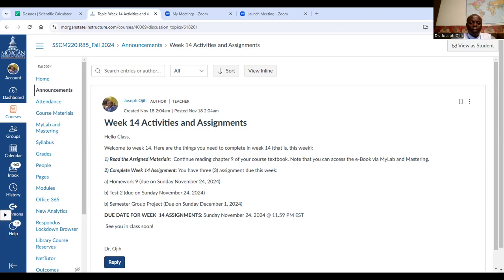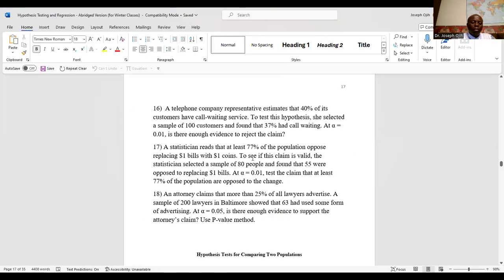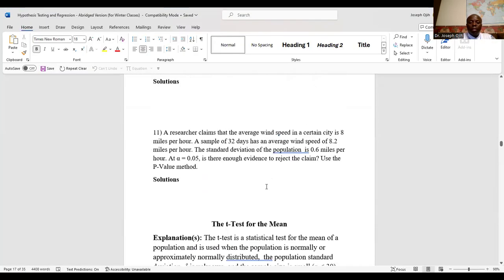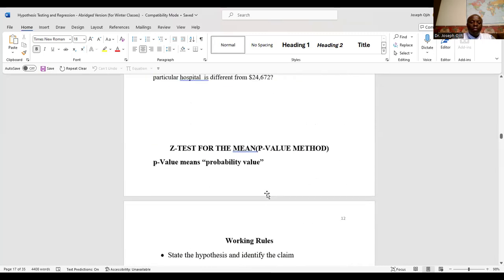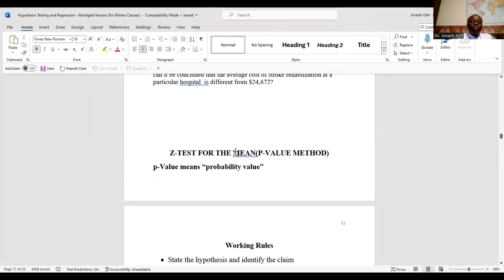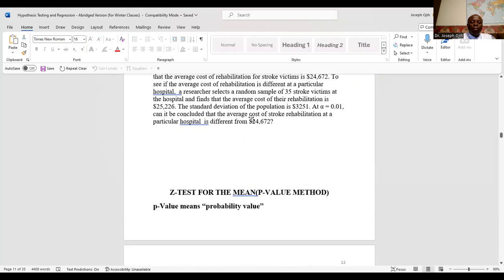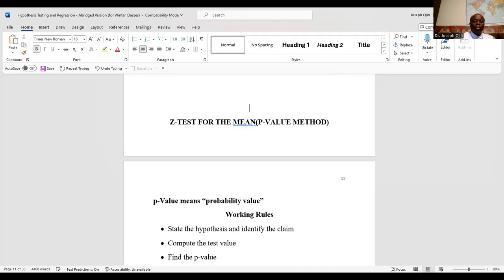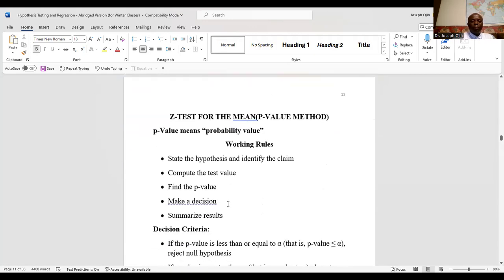So let us begin. With these examples on test of hypothesis, the traditional method we did was for hypothesis testing for the mean specifically. Now let us do the p-value method of testing hypothesis. That's where we'll start tonight.